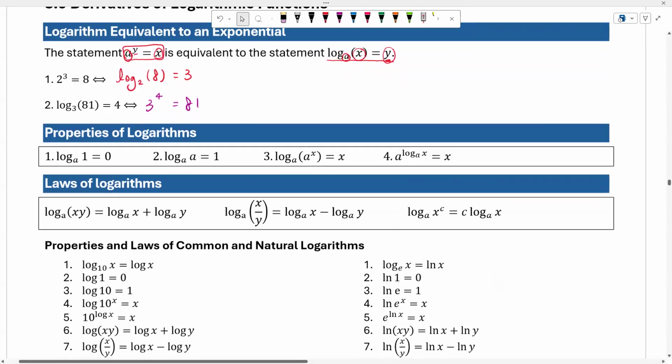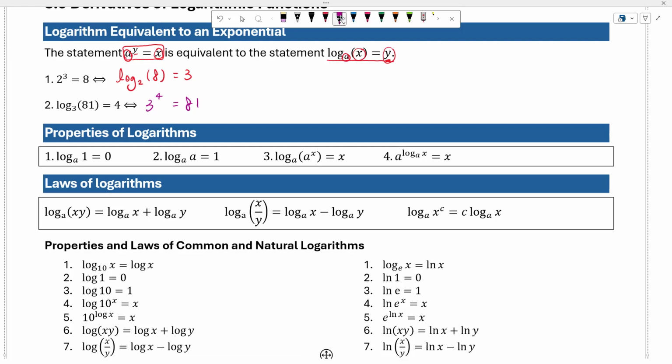So therefore, we could use exponentials to help us write some of the properties of log. For example, we know that a to the power of 0 is equal to 1. So in this case, log base a of 1 must be equal to 0.